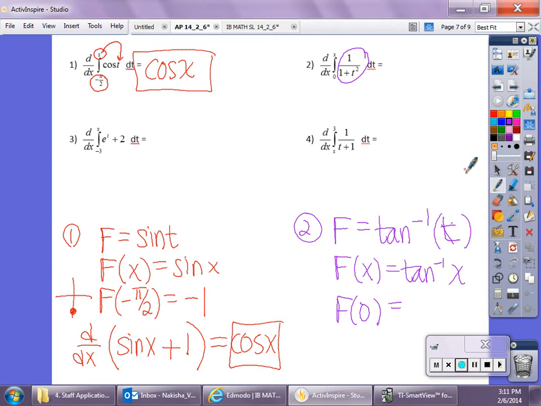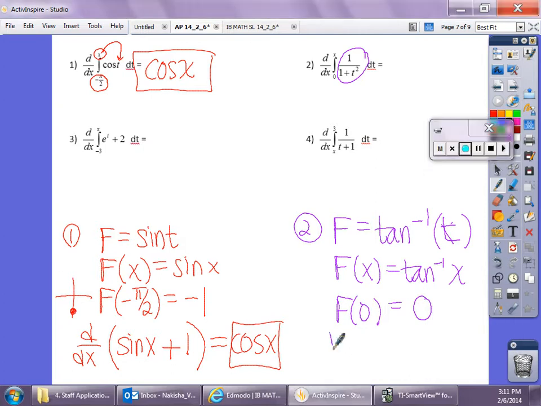So the tan inverse of 0, remember, I need an angle whose tangent value gives you 0, and the angle is 0. So therefore, if I want to take the derivative of f of x minus 0, it equals 1 over 1 plus x squared, times du/dx, in this case 1. So right back to the original.